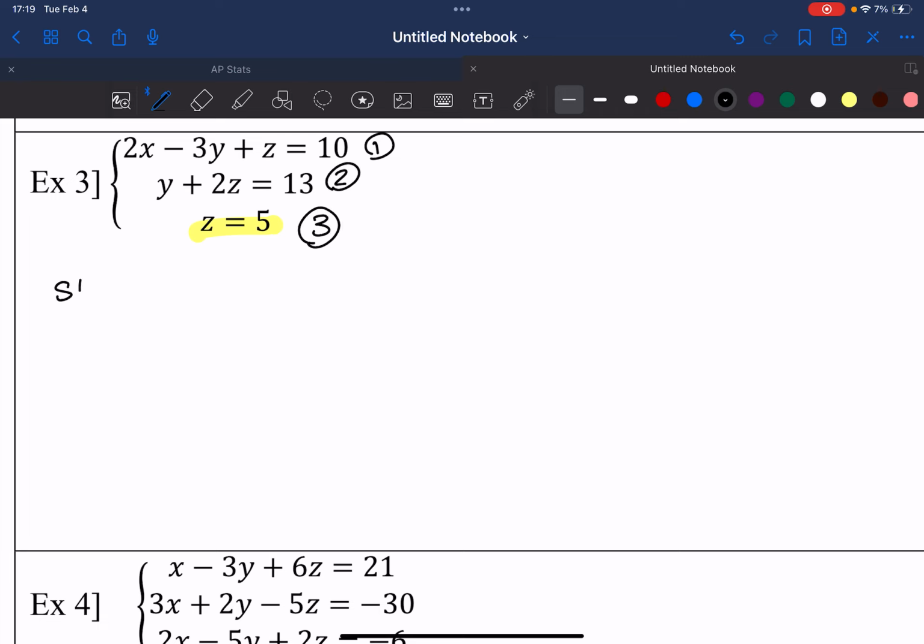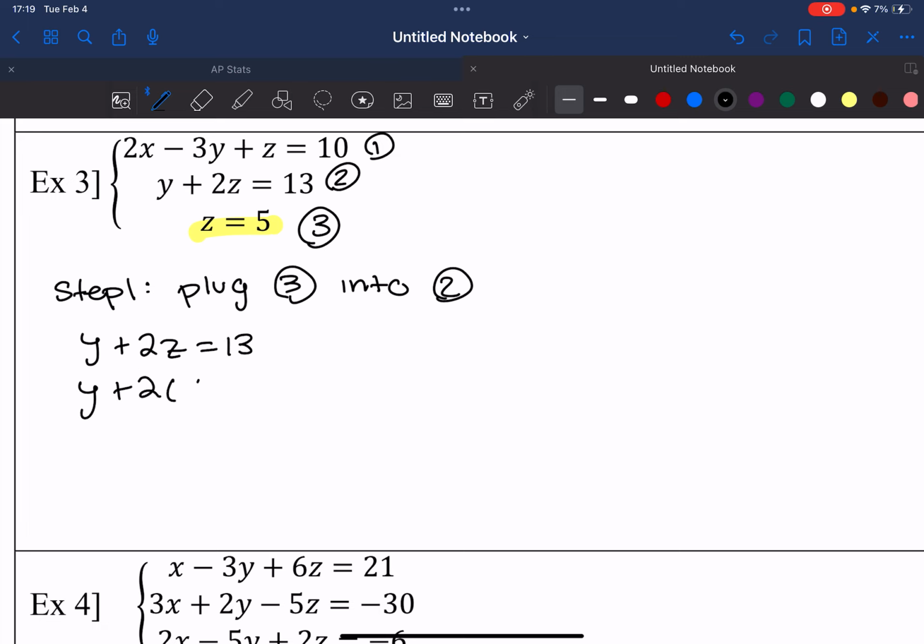And I'm going to write step 1, plug 3 into 2. So my equation 2 is y plus 2z is equal to 13. We know z is 5, so y plus 2 times 5 equals 13. y plus 10 equals 13, so y is equal to 3.